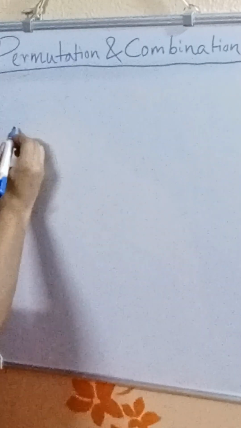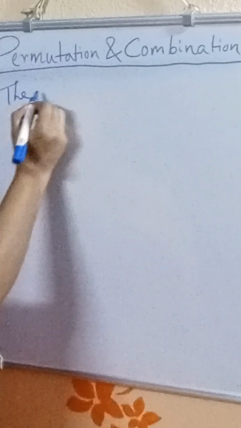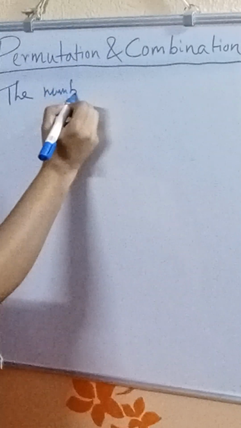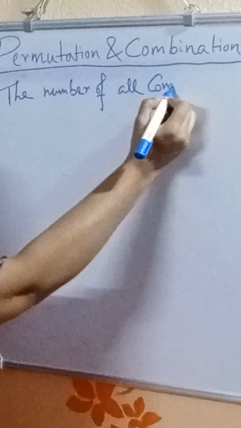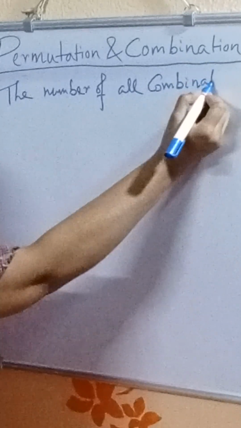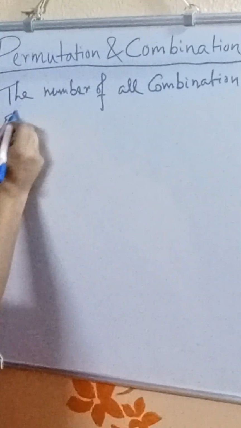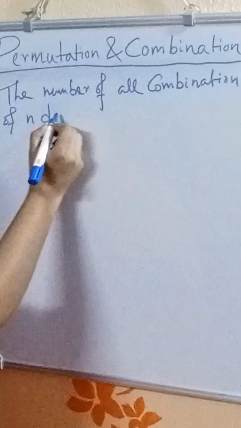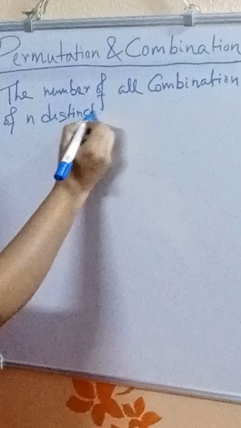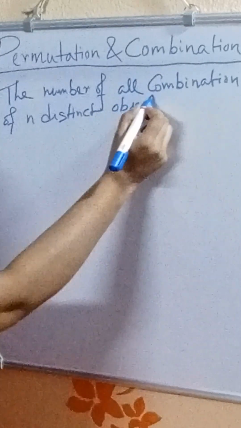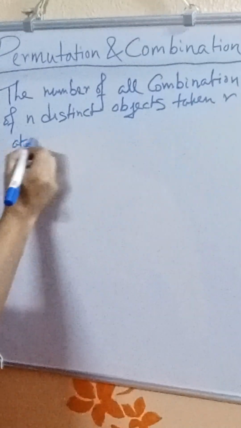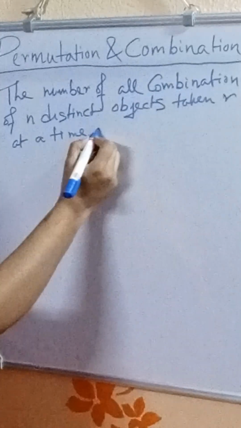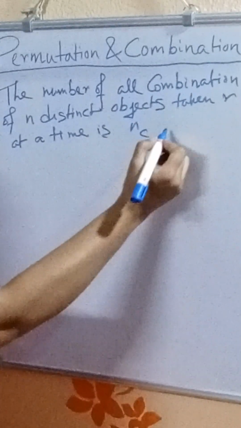The number of all combinations of n distinct objects taken r at a time is nCr.